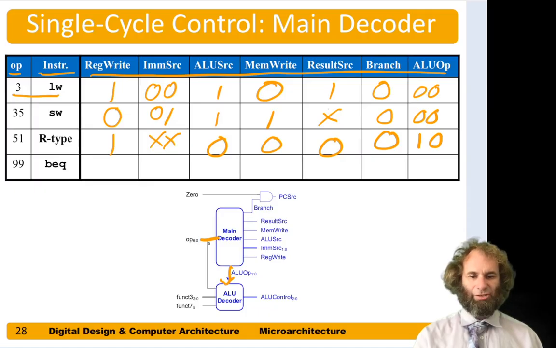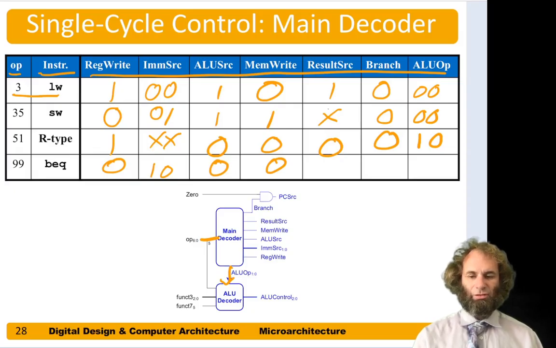Next, a branch does not write to the register file, nor to memory, so both write enables are 0. The branch takes a B-type immediate, so IMM source is 1, 0 to select the immediate appropriately. ALU source, the second source should come from the register file, so just like an R-type, ALU source is 0.